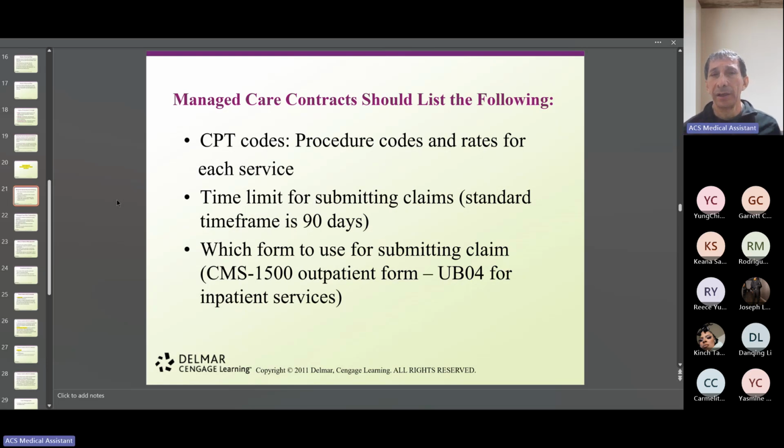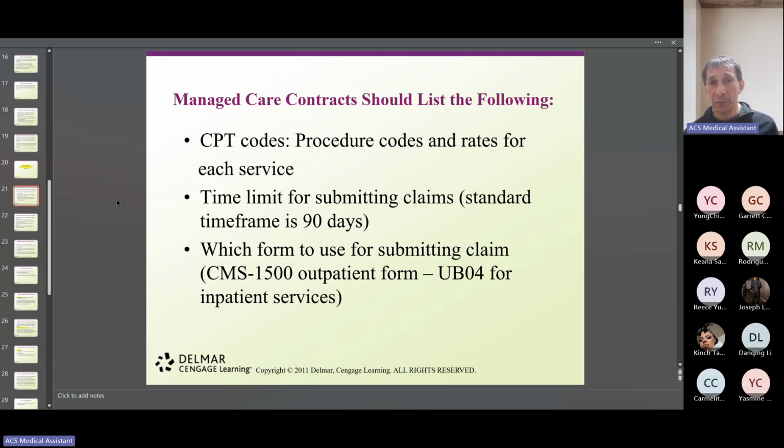So things that are needed: CPT codes. CPT are these procedural codes. This is billing and coding. But if you were going to bill the patient, because this is insurance, billing is part of the insurance part. So we're going to have CPT codes, and it says right there, procedure codes and rates for each service.